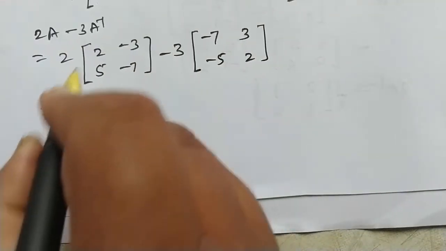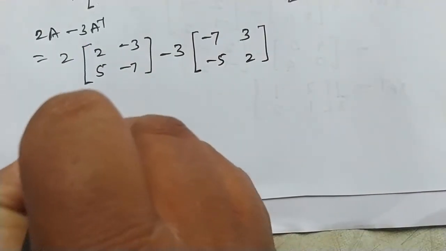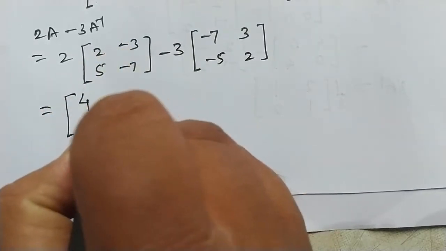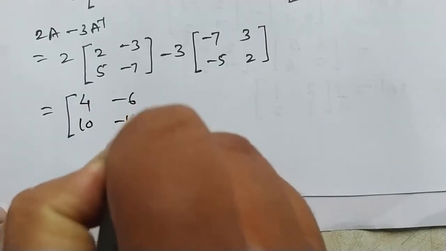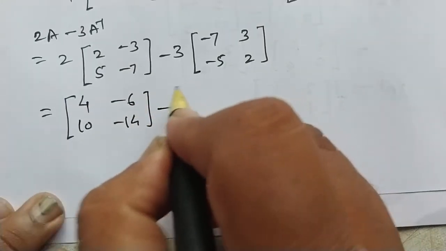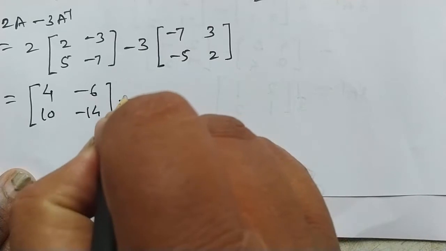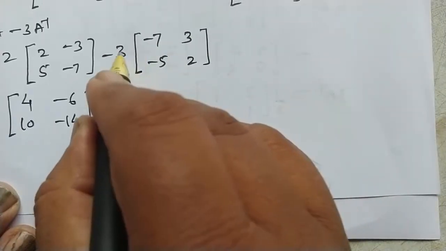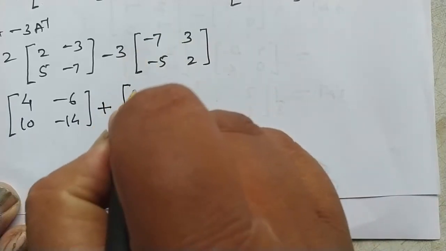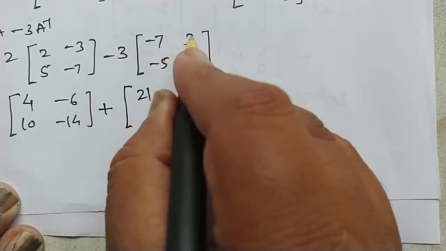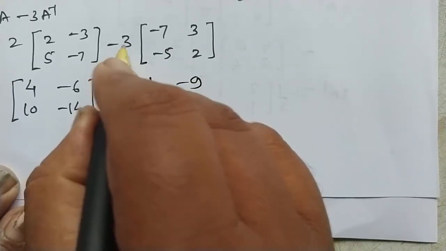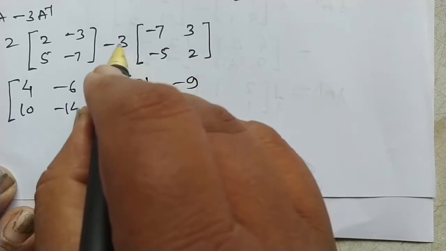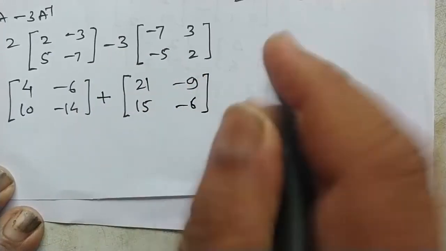So we multiply 2 inside the matrix, [4 -6; 10 -14]. We multiply minus 3 inside the matrix: minus 3 into minus 7 is 21, minus 3 into 3 is minus 9, minus 3 into minus 5 is 15, minus 3 into 2 is minus 6.